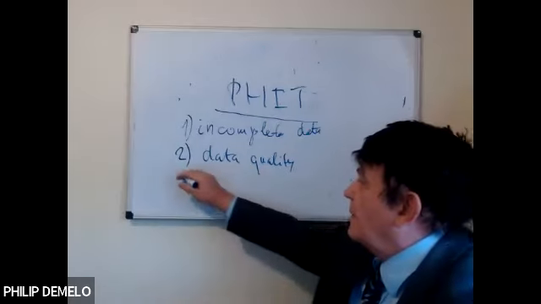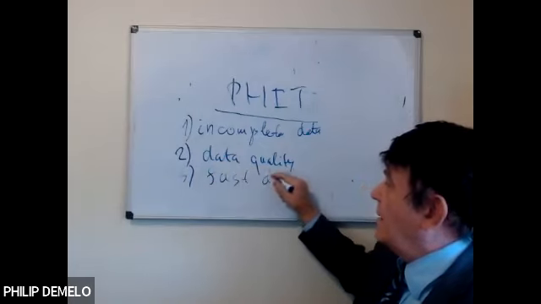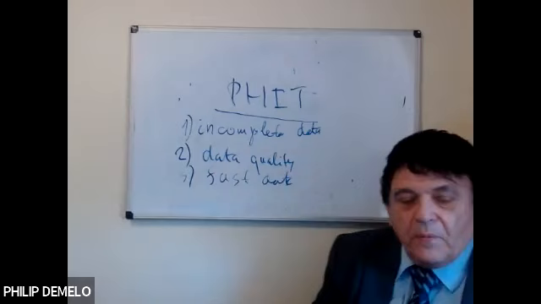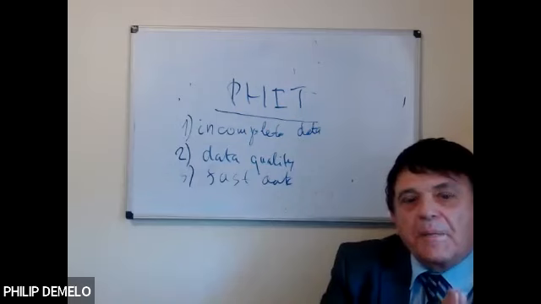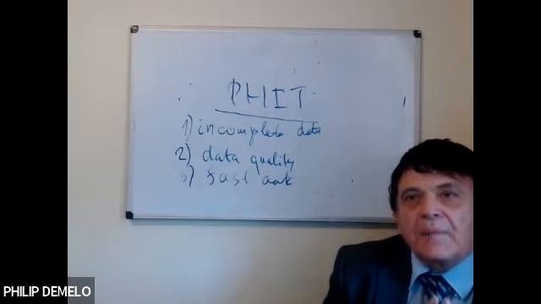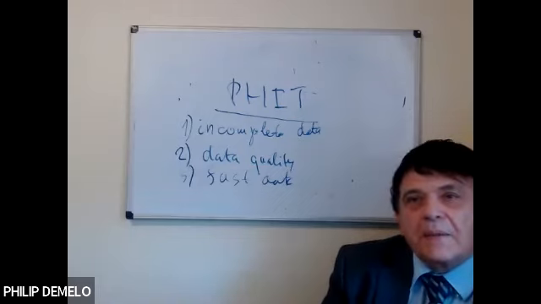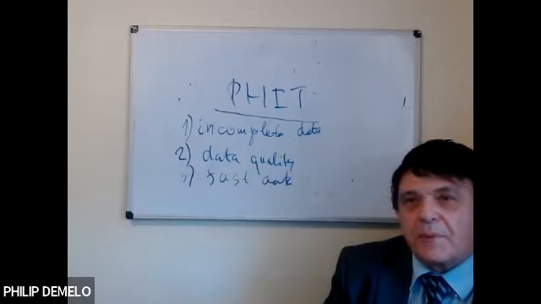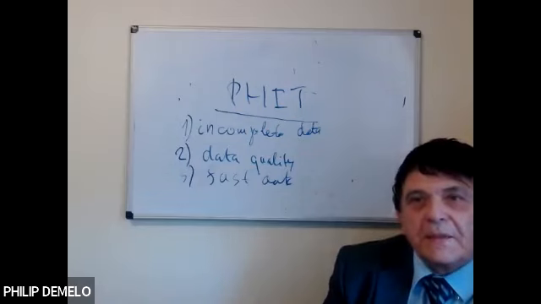Number 3, it is fast data. One of the challenges in public health informatics and technology is that the data come in at high velocity. We work with big data. But we also need to collect the data in the fastest possible way and process the data in a very fast way.